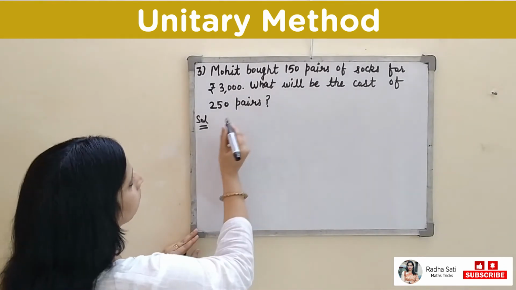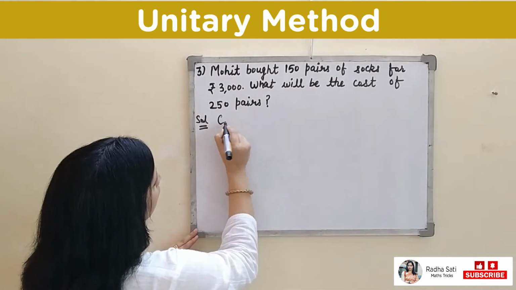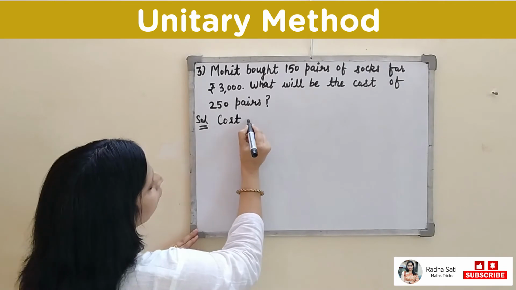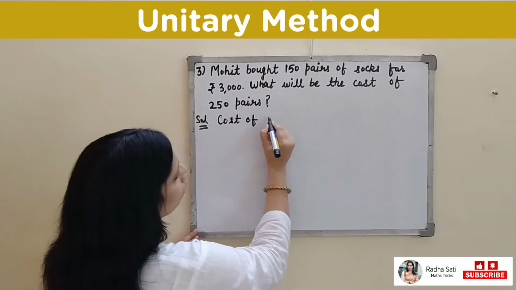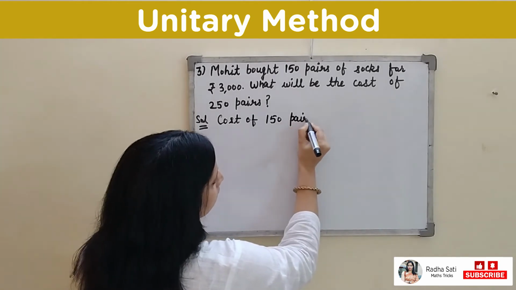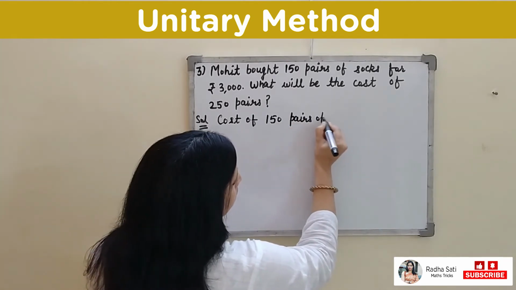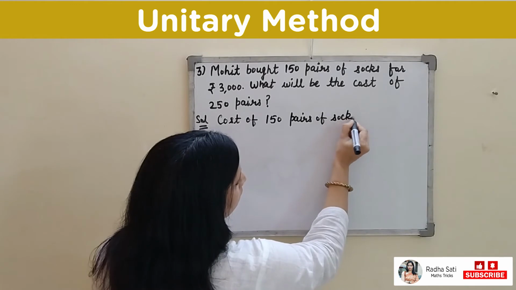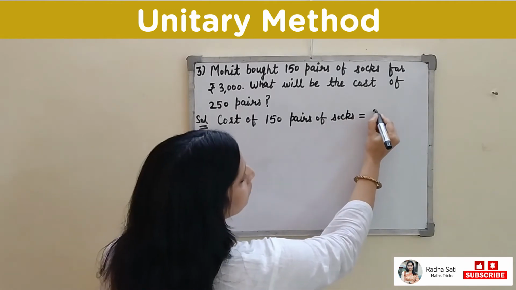So now start. Cost of 150 pairs of socks. So it is 3000.